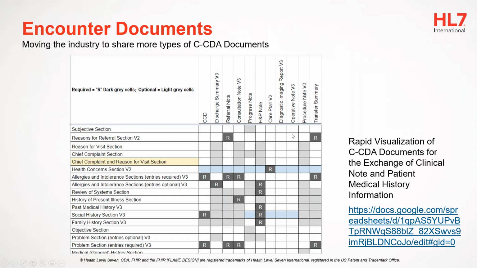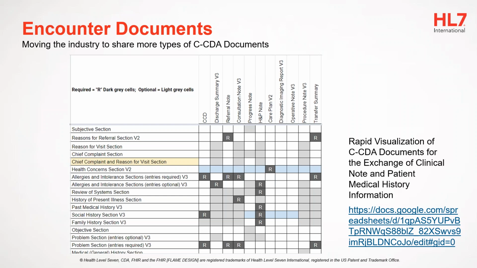So we put this matrix together for you, which has all of the sections in C-CDA. They are organized in what I call a SOAP order. You know, the subjective, objective, assessment, and plan sort of strategy that most clinical notes are using today to communicate clinical information between providers.